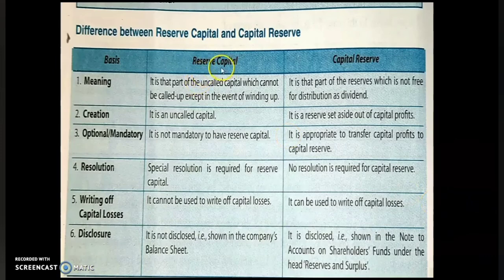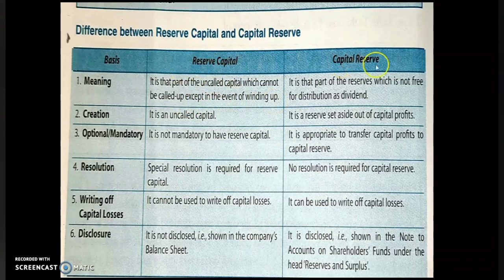Now we can see a difference between reserve capital and capital reserve. First thing, the meaning. It is that part of uncalled capital which cannot be called up except in the event of winding up. So by special resolution, the company decides that the part of the installment which is not called by the company will be called up only in the event of winding up of the company. That is known as reserve capital.